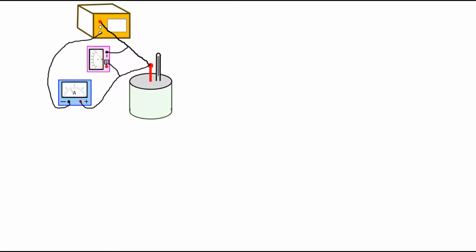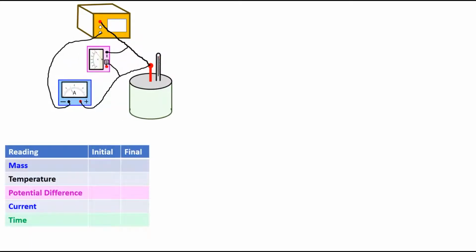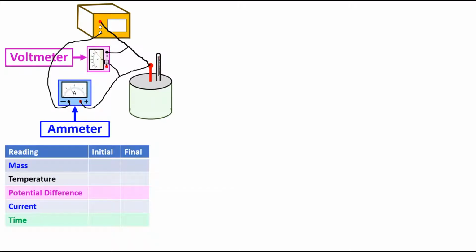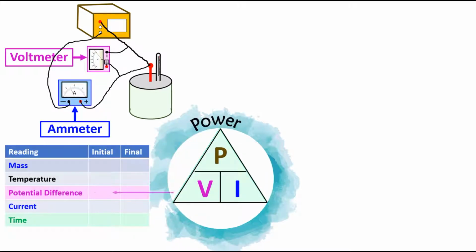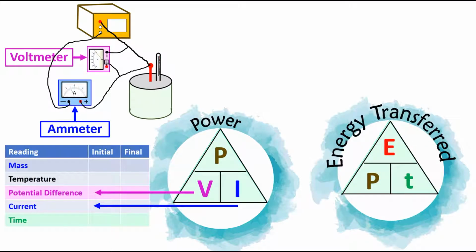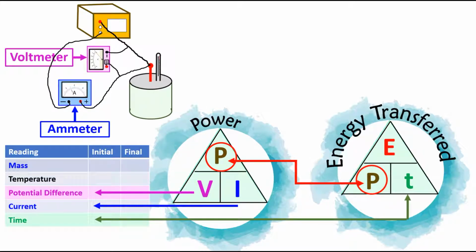After investigating the specific heat capacity of a material and recording the readings from the voltmeter and the ammeter, you can calculate how much power was used in the experiment by multiplying the potential difference by the current. Then you can calculate how much energy is transferred by using the power figure in the energy transferred equation and using the reading of time.